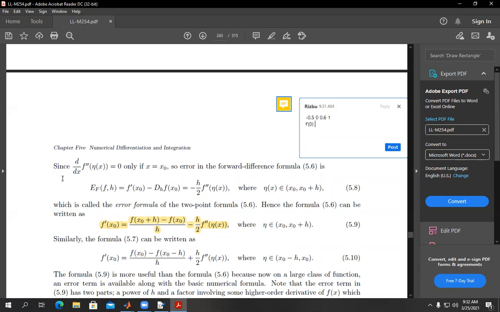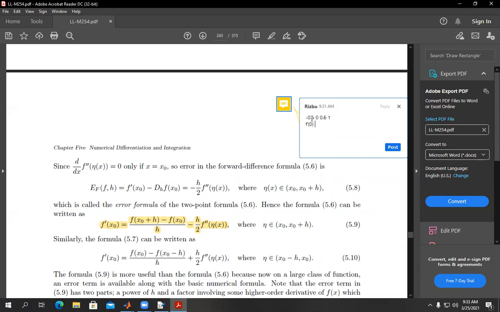This is the 2-point formula. This is forward, this is backward. Which one will you use here? Minus 0.5 and 0. Because I told you, the smaller the h, better. If you want to use forward, you need the point on the right hand side of 0, which is 0.6, so h is 0.6.